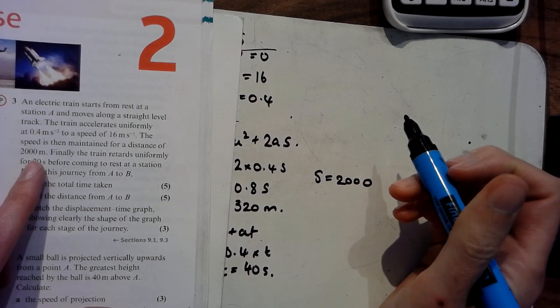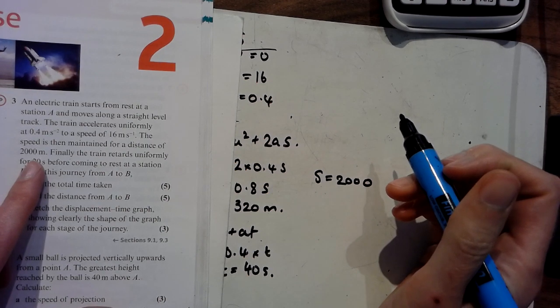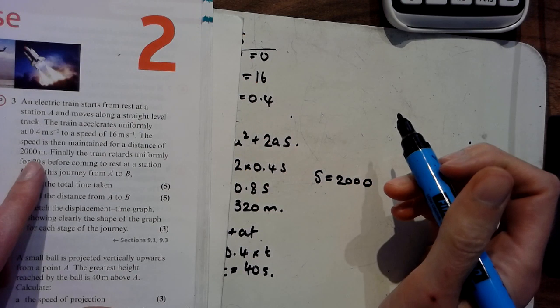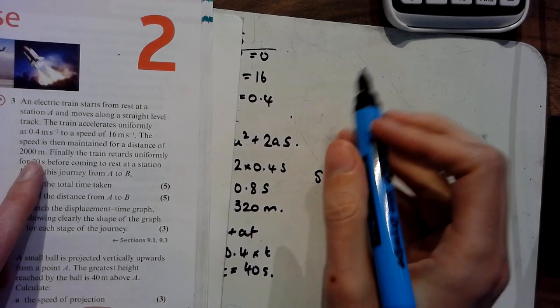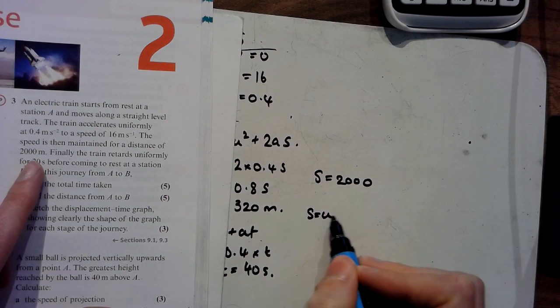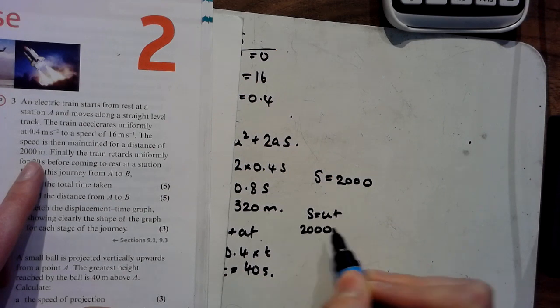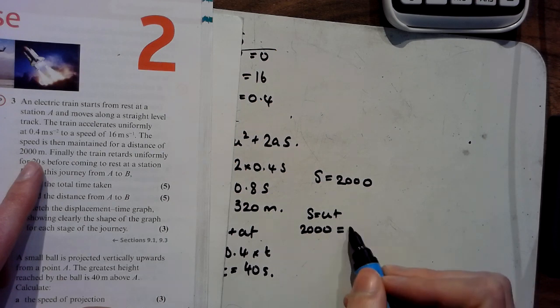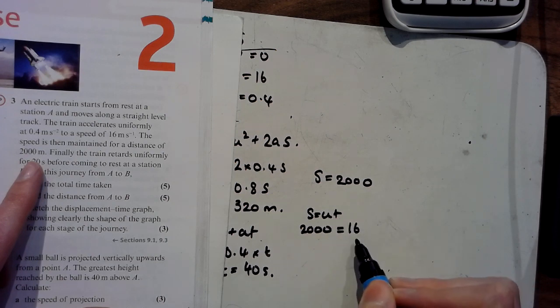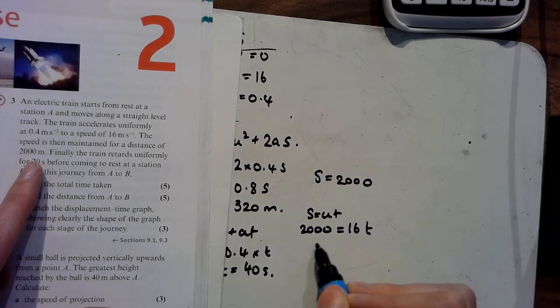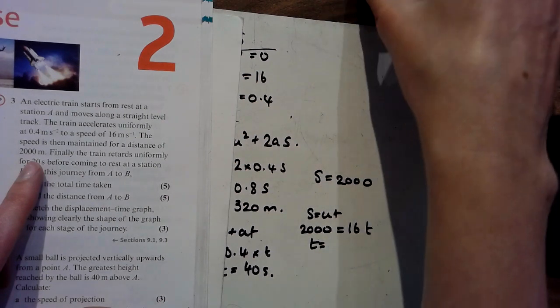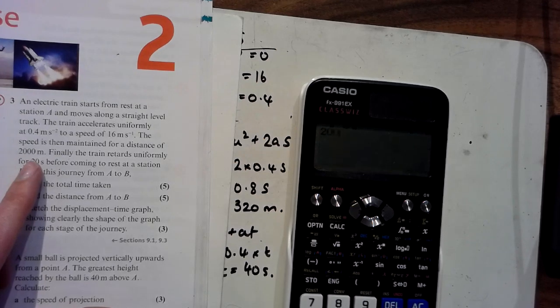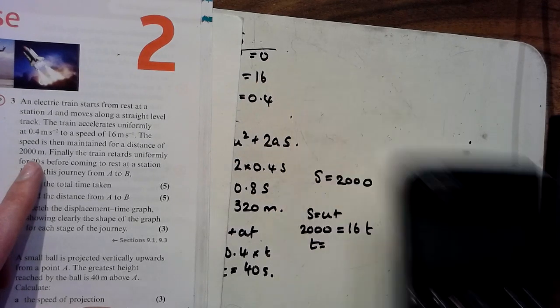So I can use SUVAT, but because the acceleration is 0, I can just use speed equals distance over time. The distance was 2,000, the speed was 16, because we've accelerated up to 16. So 2,000 divided by 16 is 125.